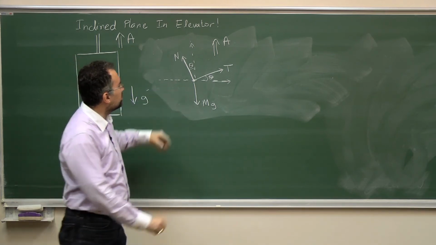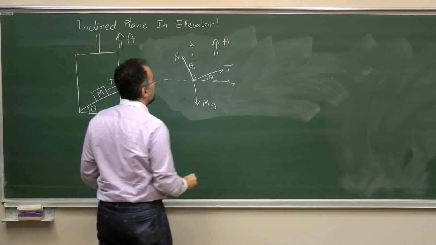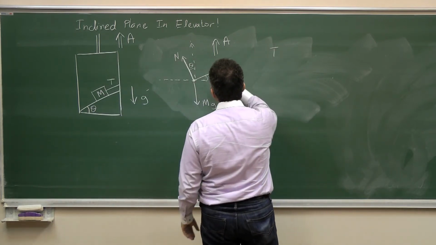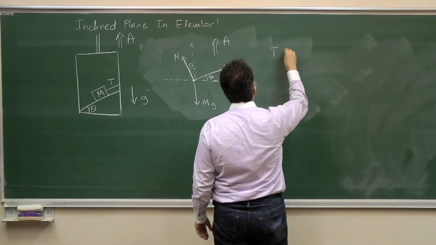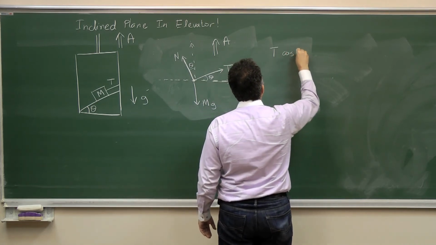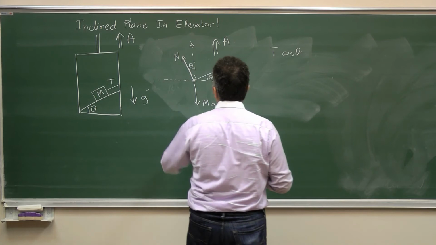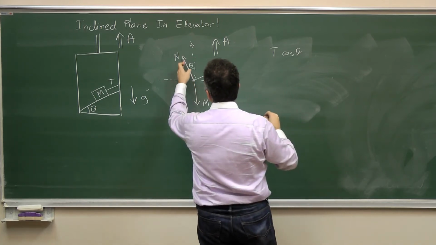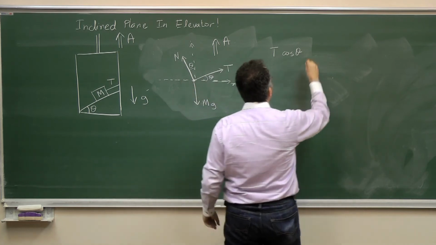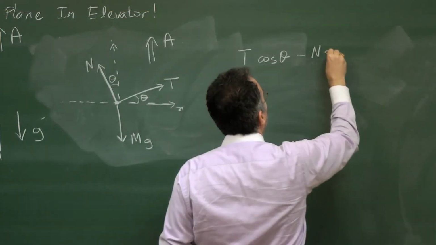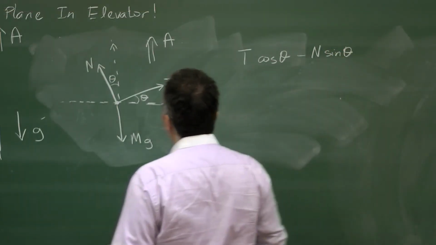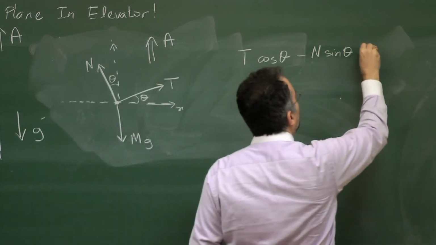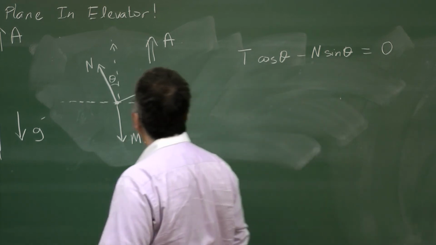So if I write it according to the regular x and y, towards the right I have T cosine theta, and towards the left I have minus N sine theta. Now, there is no horizontal acceleration, so this equals 0.